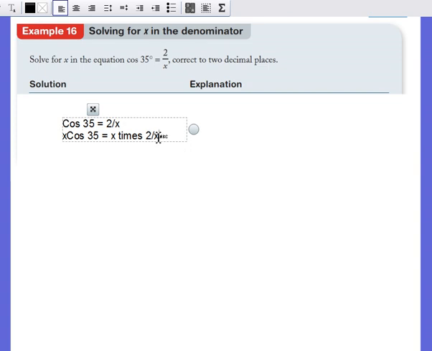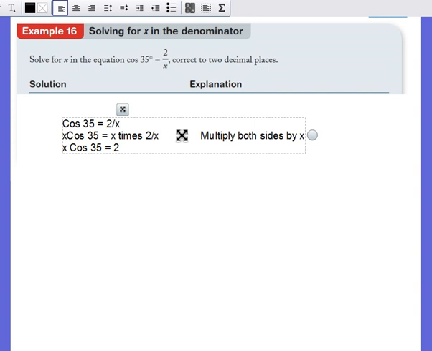So dividing by x and timesing by x cancel each other out. So that leaves me with x cos 35 is equal to, what's left? Just the number 2. So let's just write the explanation out. Multiply both sides by x, and that's what I got.